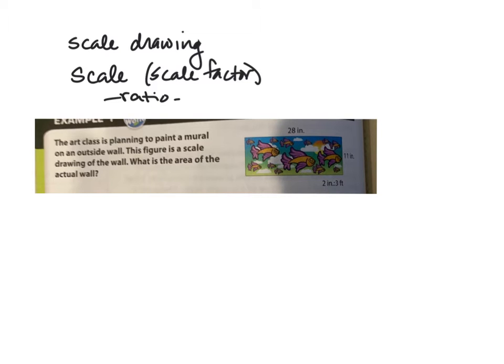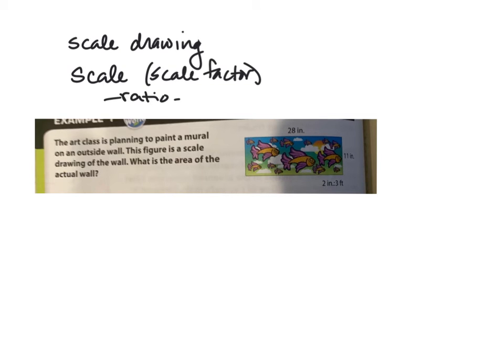They also talked about scale, which like I said, I call it scale factor sometimes. That is that ratio, like we saw before, where it was 2 inches is 3 feet or something. You use that ratio to make the manipulations to find out how big the actual one is or how small the small one is, depending on which information you have. So those were the vocabulary words they went over.